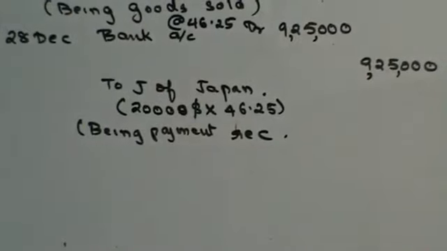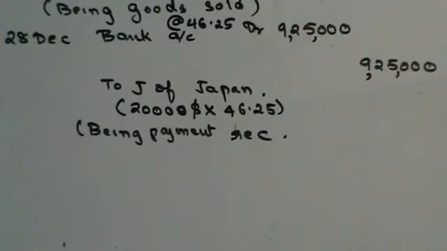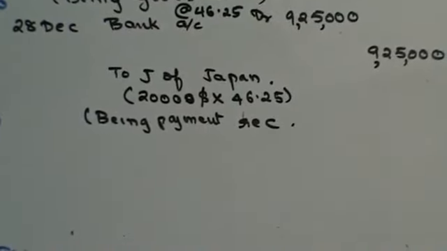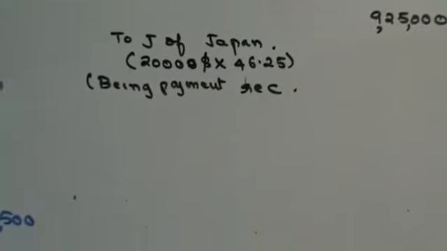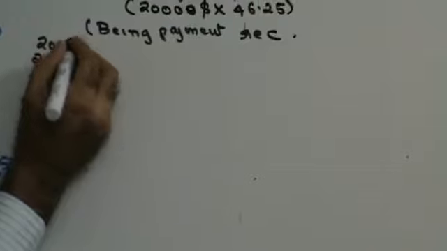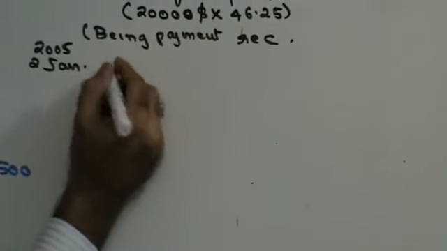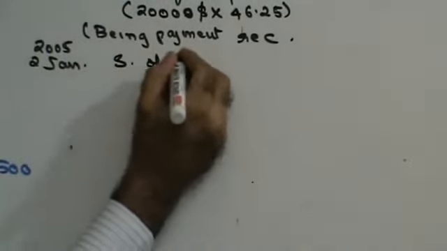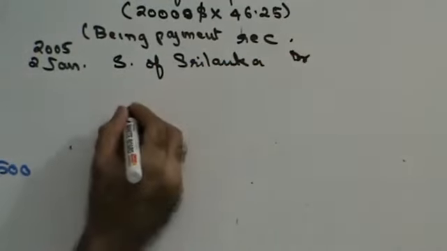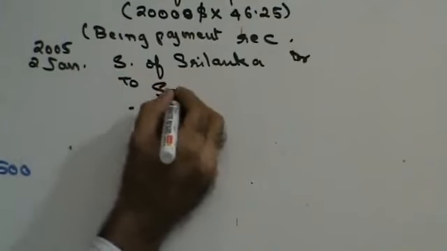Right? Then you have 28th December, then you have 2nd Jan. Exported goods to S of Sri Lanka $40,000, the dollar rate being 45.4. On 2nd Jan, exported, debit the receiver, S of Sri Lanka, debit to sales.